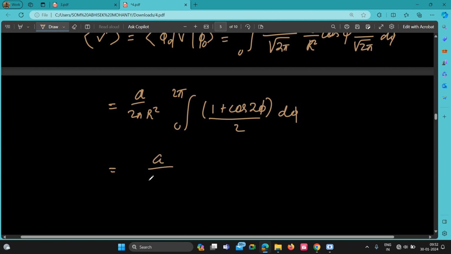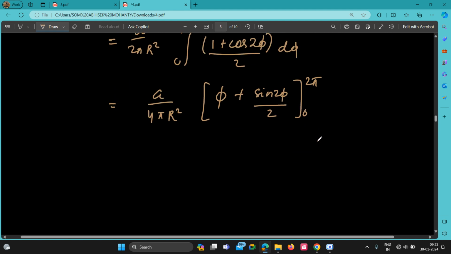So A by 4 pi r square. Now the integration is phi plus sine 2 phi by 2, from 0 to 2 pi. So A by 4 pi r square times 2 pi plus sine 4 pi, which is 0, isn't it? So this is only 2 pi. So 2 pi cancels out, leaving A by 2 r square.